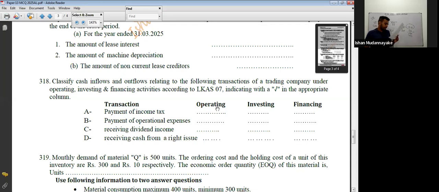Receiving cash from a rights issue, financing activity. Okay: payment of income tax, operating; payment of operating expenses, operating; receiving dividend income, investing; receiving cash from a rights issue, financing activities.